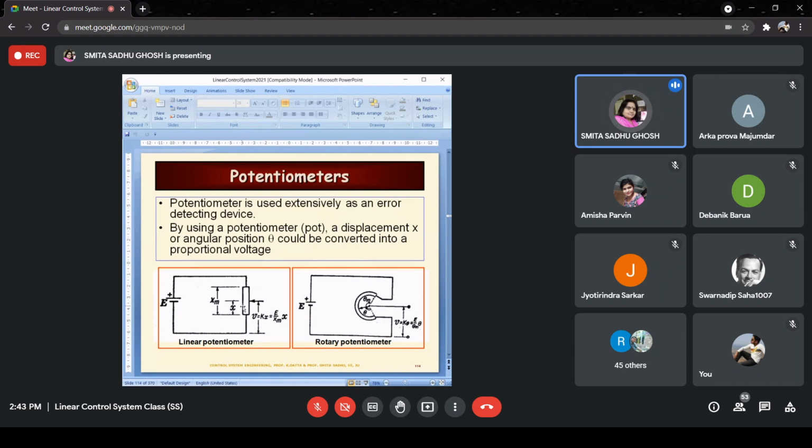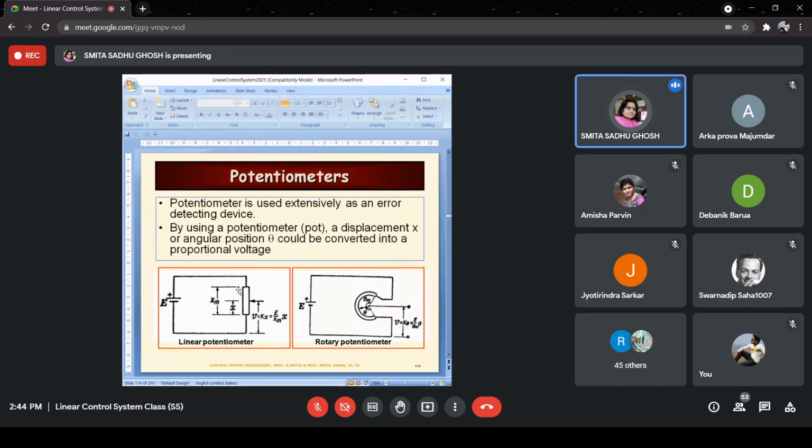The linear displacement can be indicated by the changing of the position of the pointer. Let us say, for example, if instead of over here, the pointer points to this point, that means the length of element now has increased. It's going to be say x2 or something. So naturally now the output voltage will be proportional to that x2 instead of the small x that we have over here.